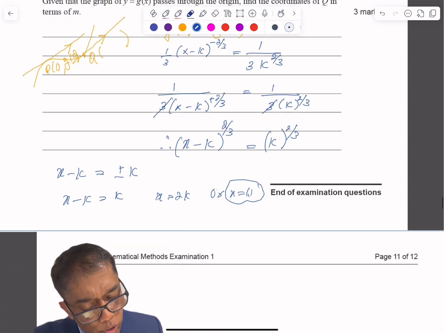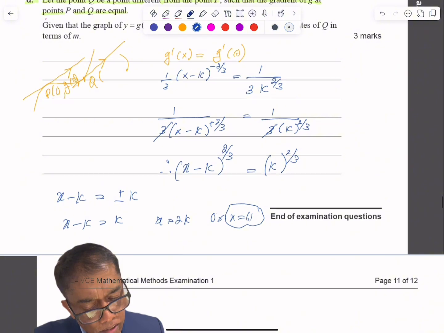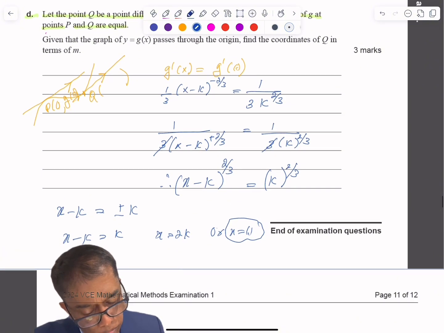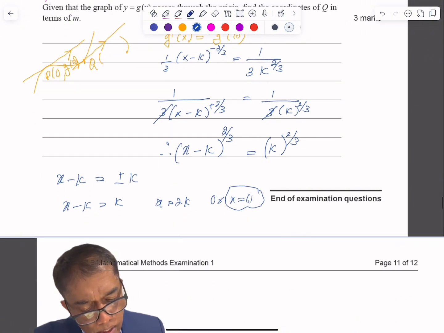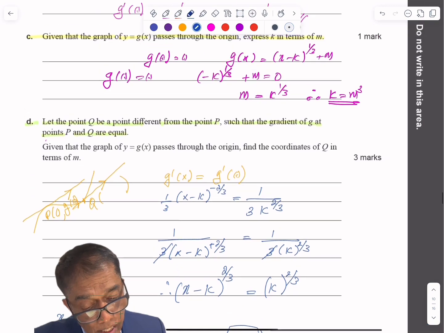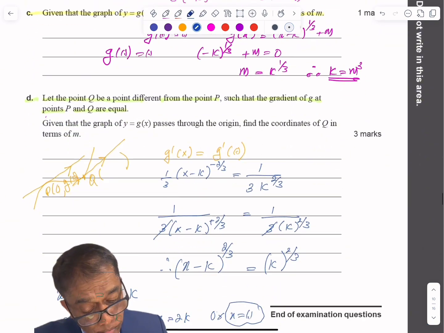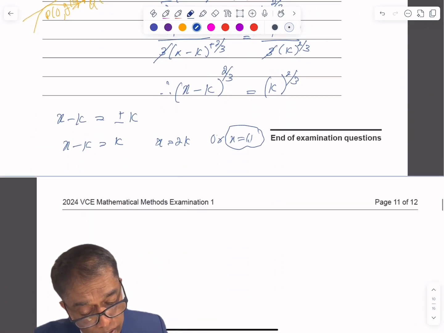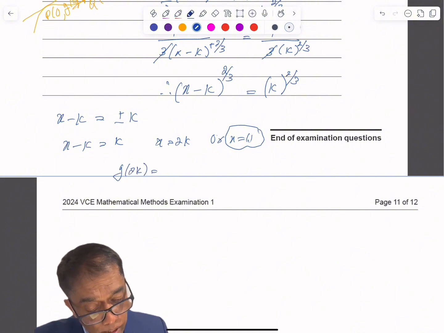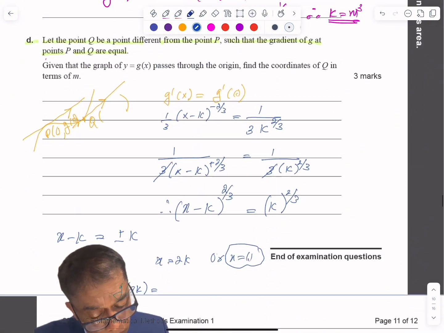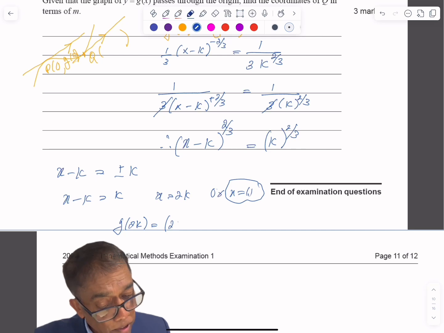For x equal to 2k, we have to find what the y coordinate is. g of 2k is equal to 2k minus k to the power of 1/3 plus m, which is k to the power of 1/3 plus m.